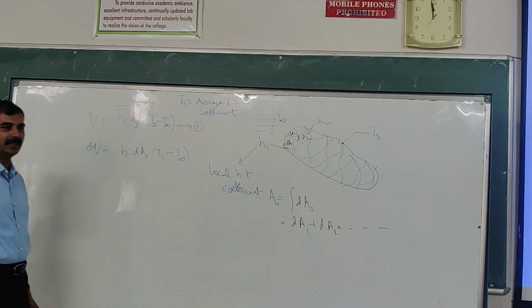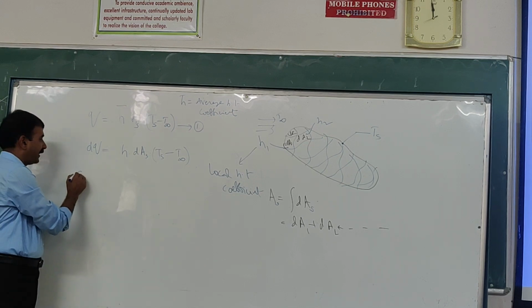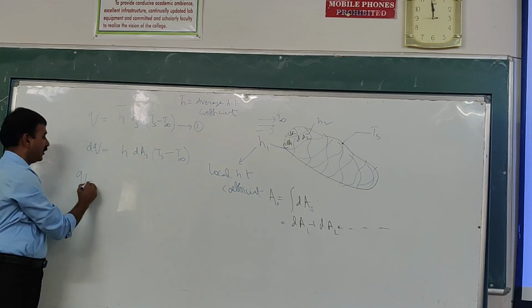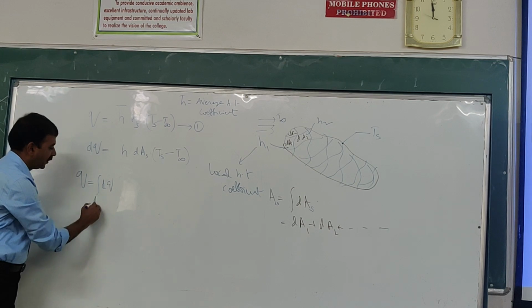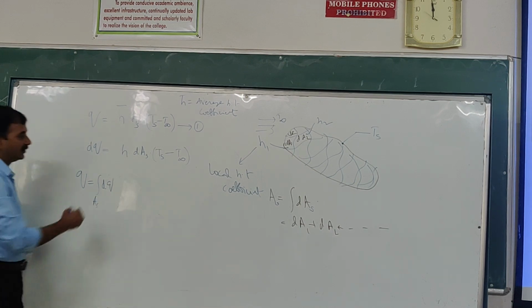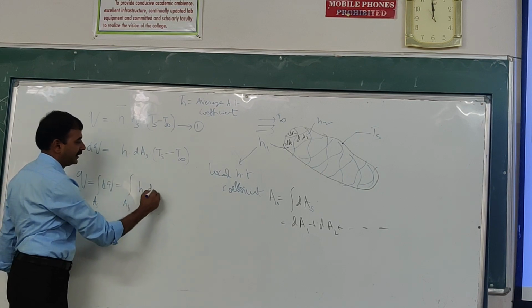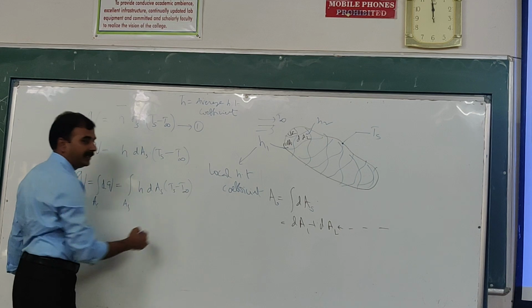So this is Ts minus T infinity. Now if you want to get the total heat transfer rate from all parts, right, you have to integrate this over the entire area. So therefore it is equal to the integral over the entire area of h dAs into Ts minus T infinity.